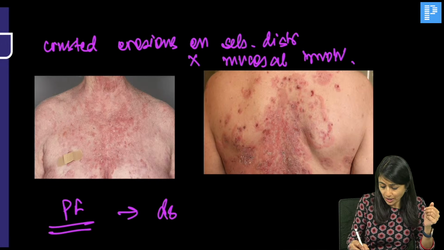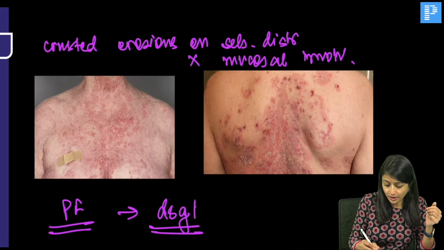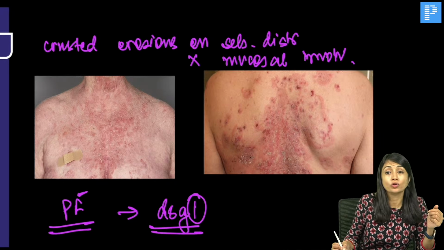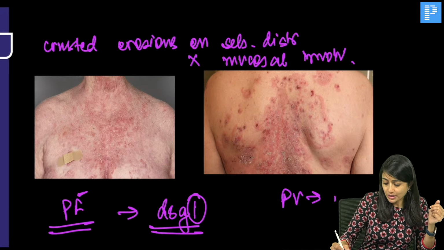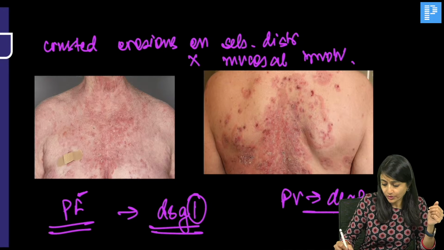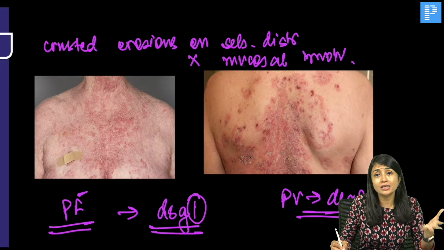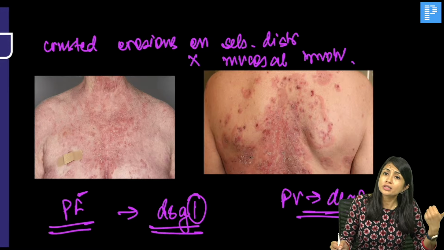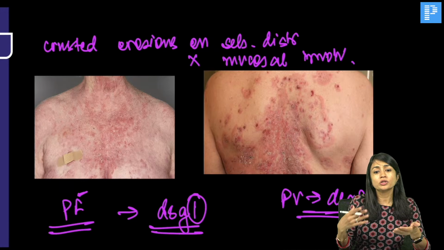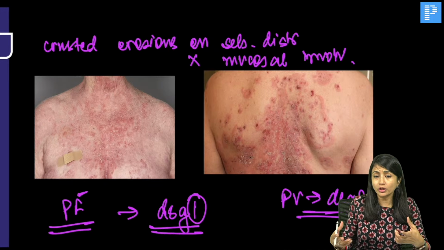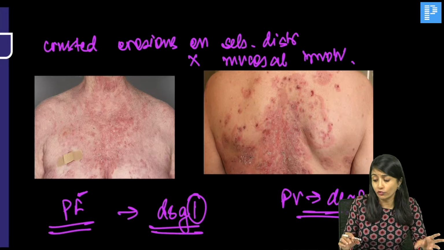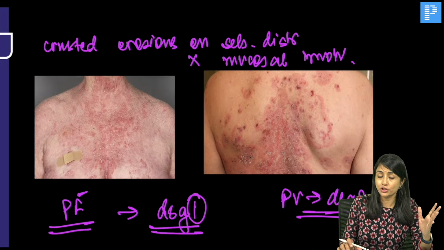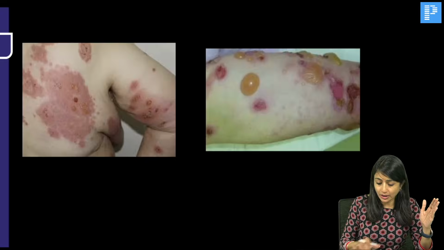Pemphigus foliaceus happens because of desmoglein 1. F for first, desmoglein 1. PV was desmoglein 3. PV is vulgaris, vulgaris means more common. So, flaccid bullae, oral erosions, PV. Mostly crusted erosions in seborrheic distribution with no mucosal involvement is pemphigus foliaceus, and you should know the target antigen.